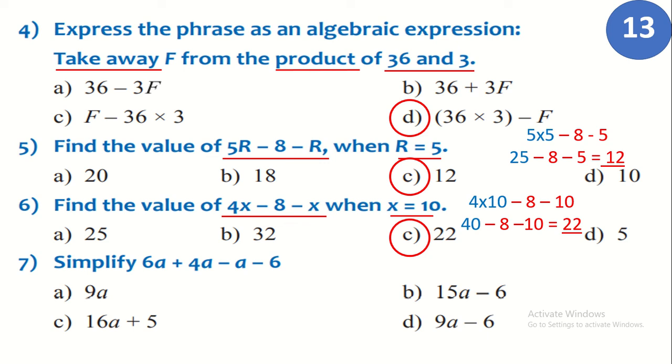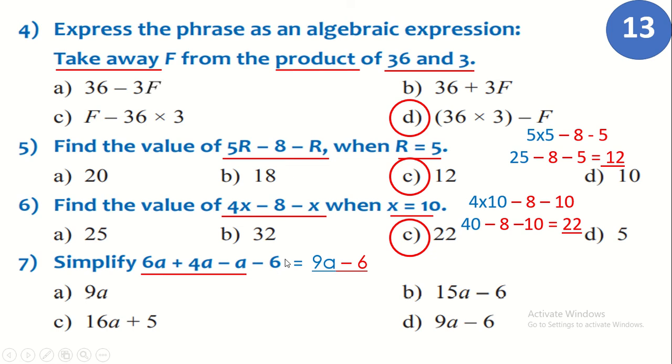Next is number 7. Simplify 6a plus 4a minus a minus 6. You group the like terms. Like terms, you have 6a, 4a, and minus a. 6 plus 4 is 10, minus a is 9a.